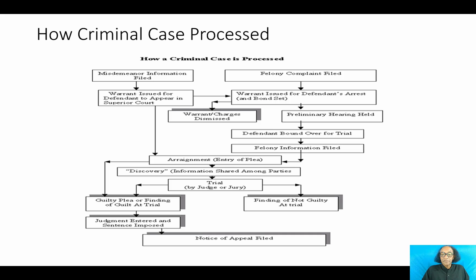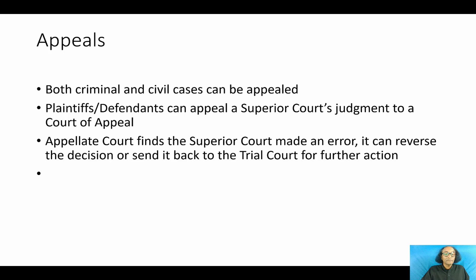And if there is sufficient evidence presented at the preliminary hearing, then the process will continue to a discovery process, and then oftentimes a plea attempt is made to plea bargain, and if that doesn't work, a trial will take place and a finding of guilty or not guilty, and then an appeal can be taken from there.